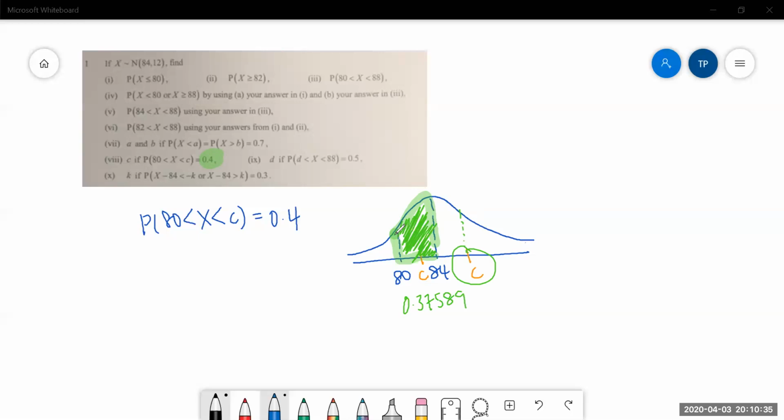So we know that this whole portion here is 0.4, and this whole portion here is 0.37589. So with that said, we know that this portion here is 0.02411. Yes, very good.